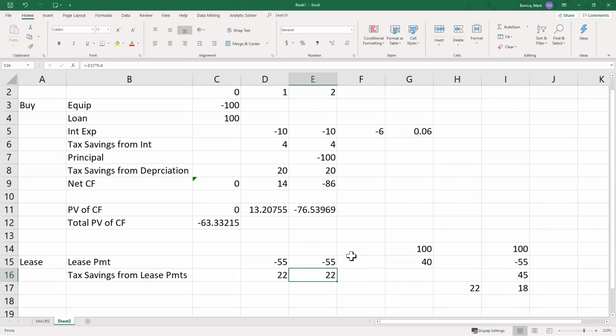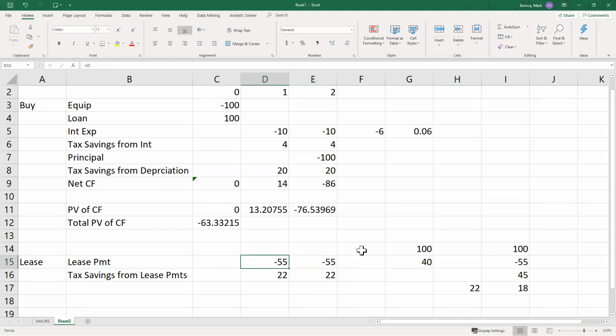So to calculate the tax savings of any expense, you simply take the tax rate times the expense. Because this is framed as a negative number, I have to do negative the tax rate times the expense. But you just got to remember, if it's a savings, it's going to be a positive, as opposed to an expense. Okay.